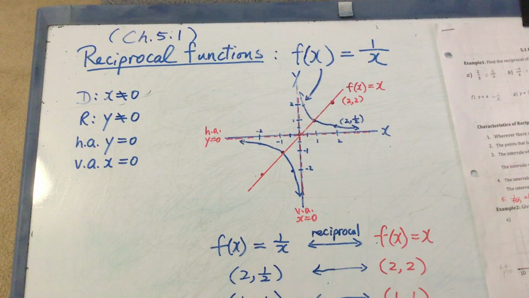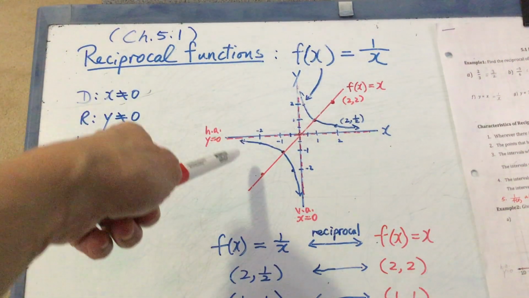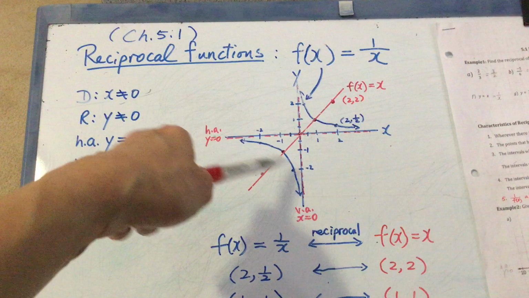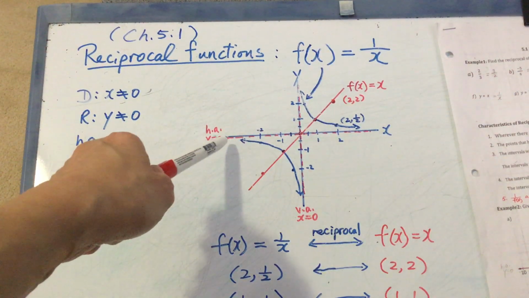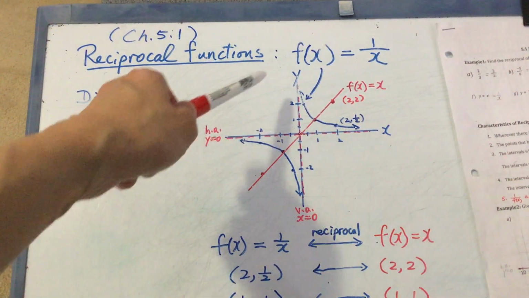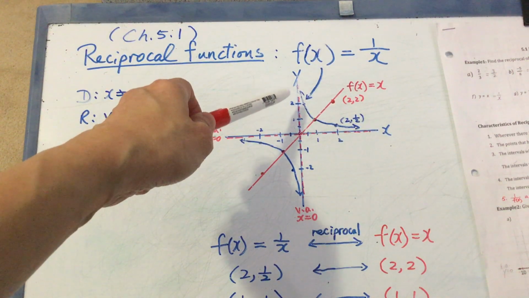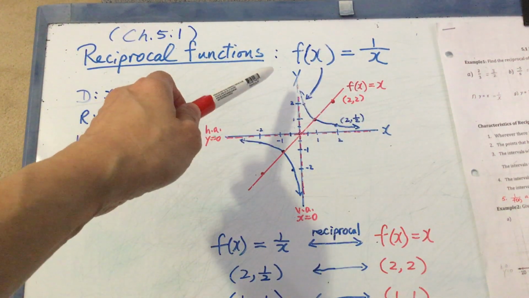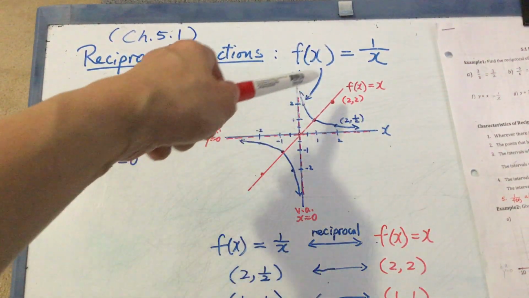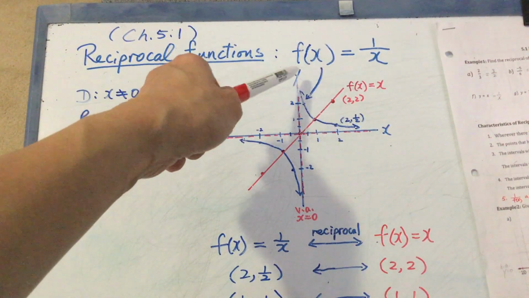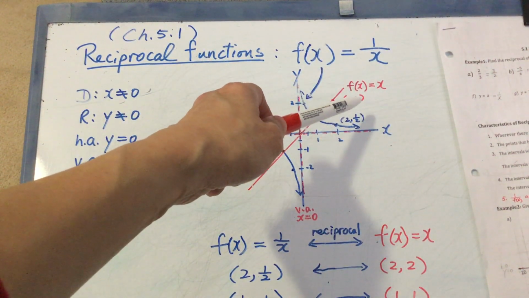Okay, so if I put the two graphs on the same grid, as you can see, the blue one is the reciprocal function y equals 1 over x, but the red one is the reciprocal of the reciprocal, which is y equals x.